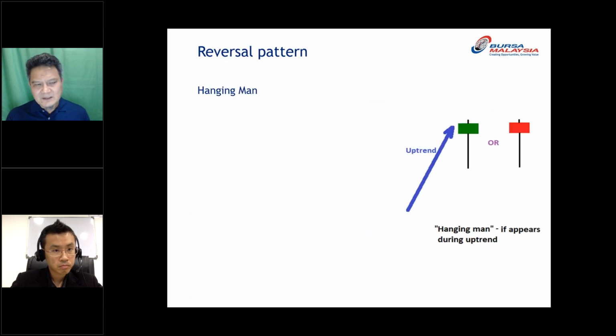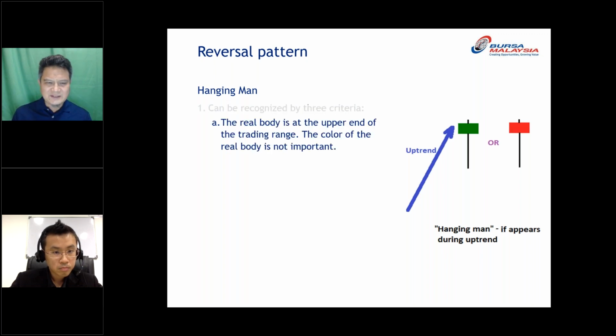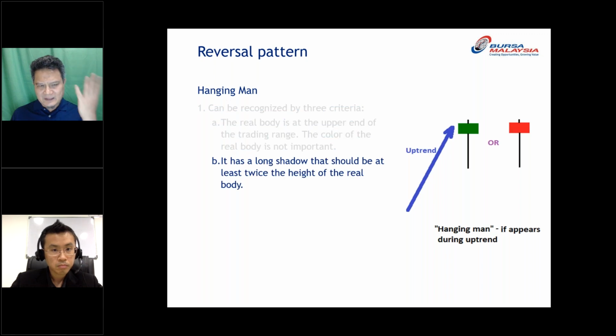Next one, the hanging man. Okay, the hanging man is only important because you see hanging men appear everywhere, but it's only important when it appears during an uptrend. The same 3 criteria apply: the body is at the upper end and it has a long lower shadow.